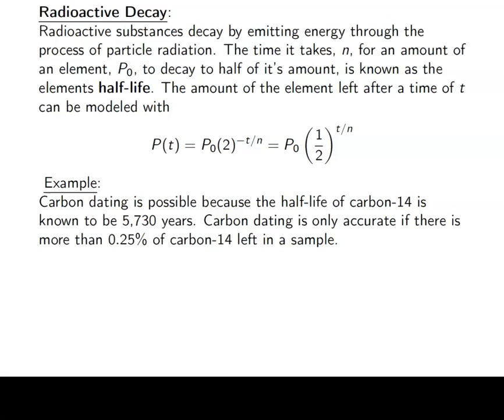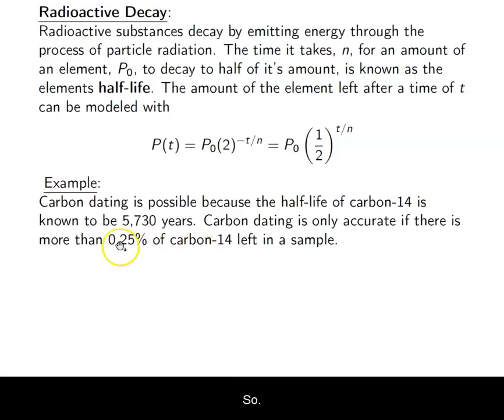Things decay, so for instance, a fossil is not going to have enough carbon-14 left for us to date it, because all the carbon-14 is basically gone and the amount left is nearly undetectable. So it's not an accurate method of dating.